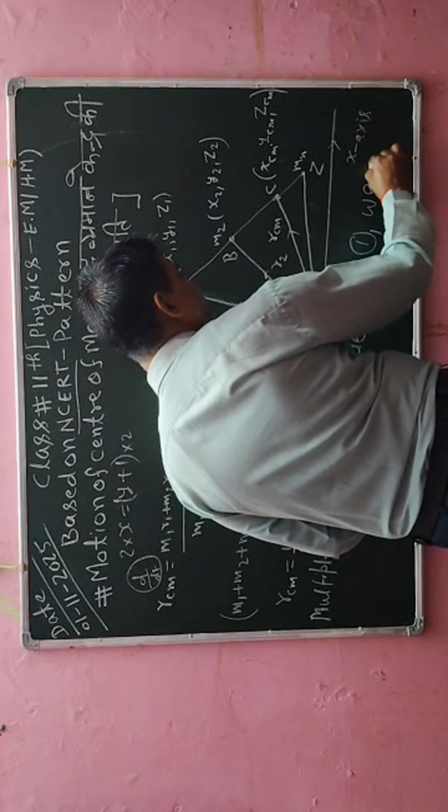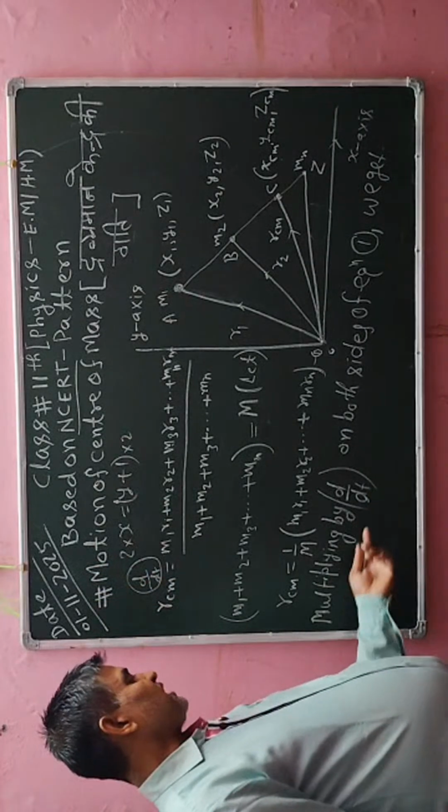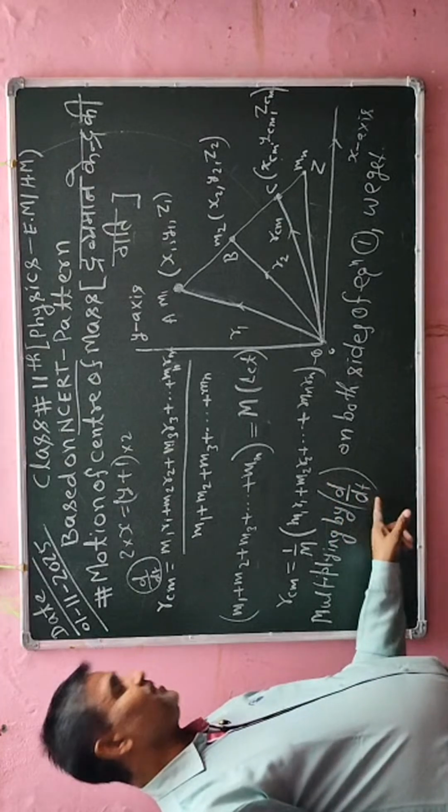Now on both sides I have to multiply with the operator d by dt.